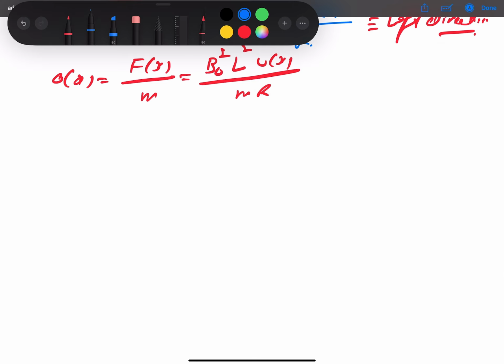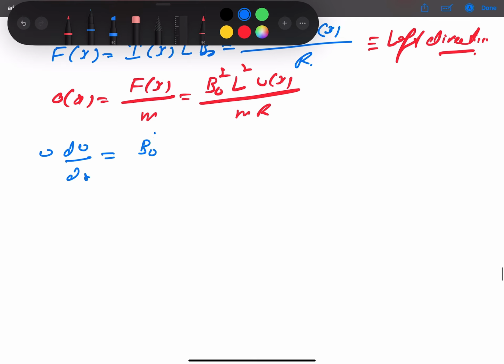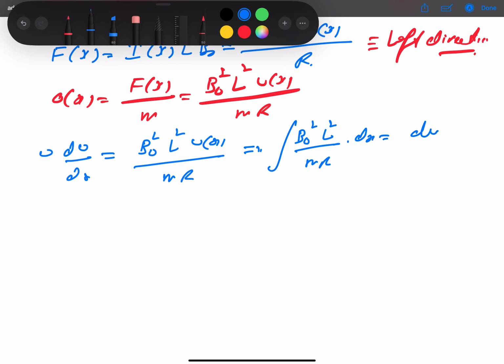Similarly to the first part, we write it as V dV by dx, which gives B naught square L square V of X upon mR, and this can be written as B naught square L square upon mR times dx, and this is our dV, and we integrate.